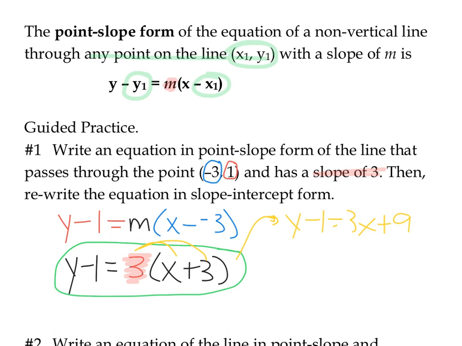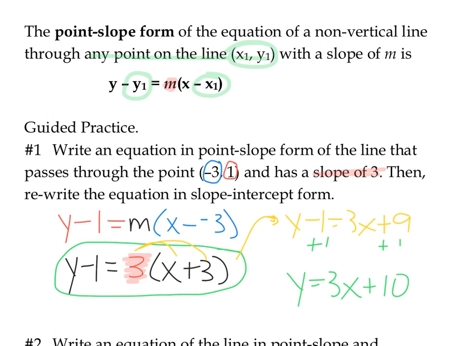And then if we add the 1 to both sides, we get y equals 3x plus 10. This is that slope-intercept form we've seen, y equals mx plus b. Our slope's still 3. Now we'd have the y-intercept of 10 if that was useful for some reason, but we didn't need it to start this out. We didn't need to know the y-intercept. We used any point that's on the line.